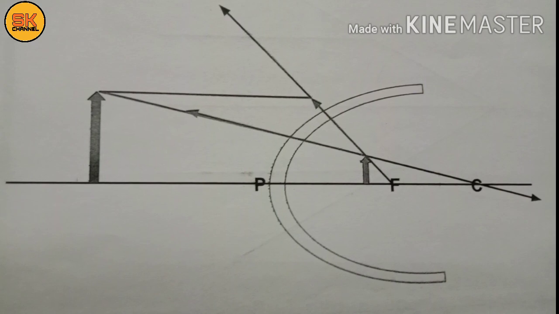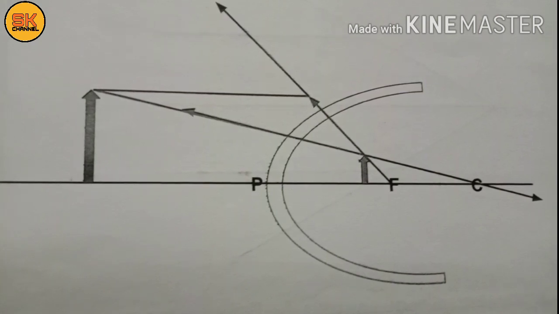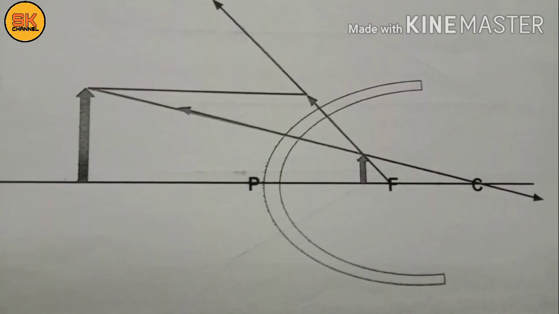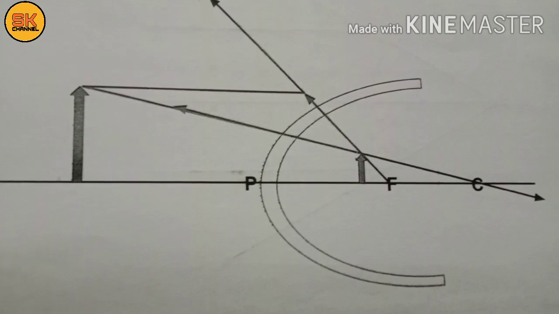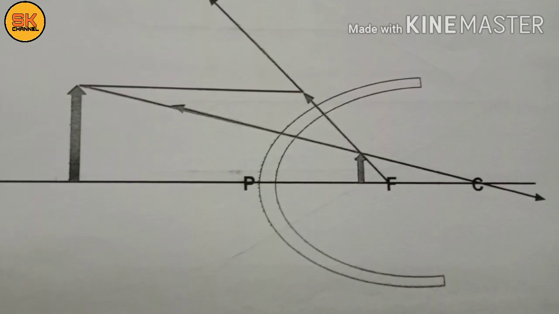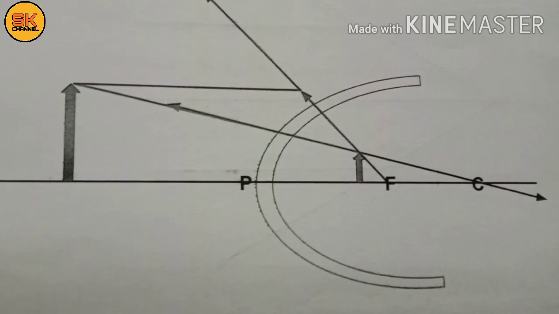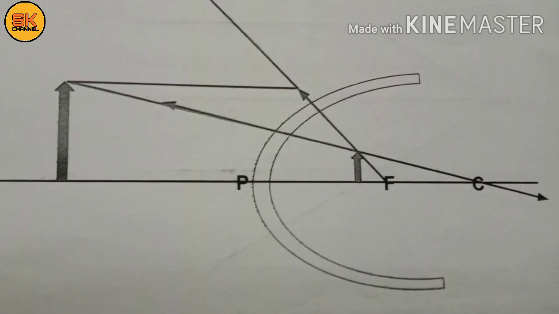Here, image forms between focus and pole and the image formed is virtual, diminished and erect. 3. Object placed on center of curvature. Here, image forms between focus and pole and it is a virtual, diminished and erect image.